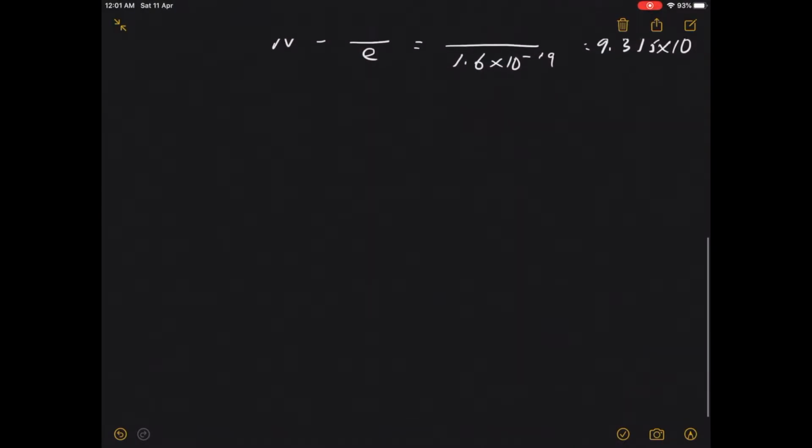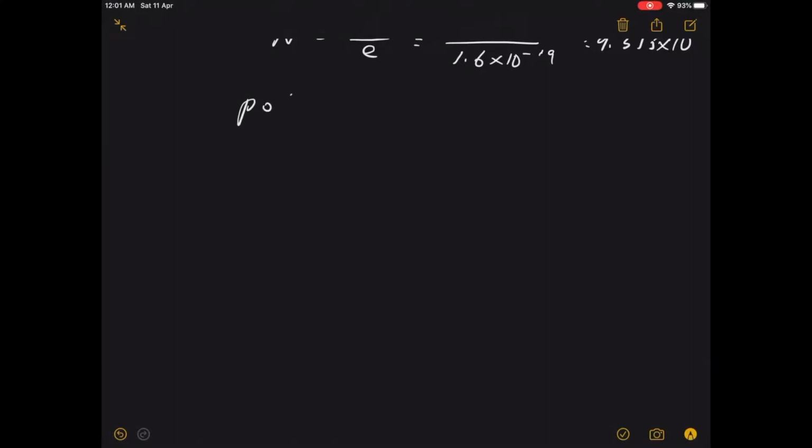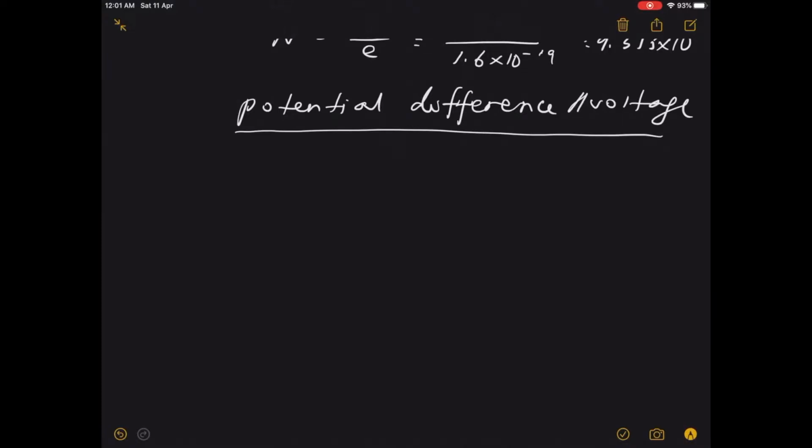The second thing is you need to know the meaning of potential difference. This is very important. Sometimes you can call it voltage. They're the same, okay? Of course, they are measured in volt. All right, they are measured in volt.